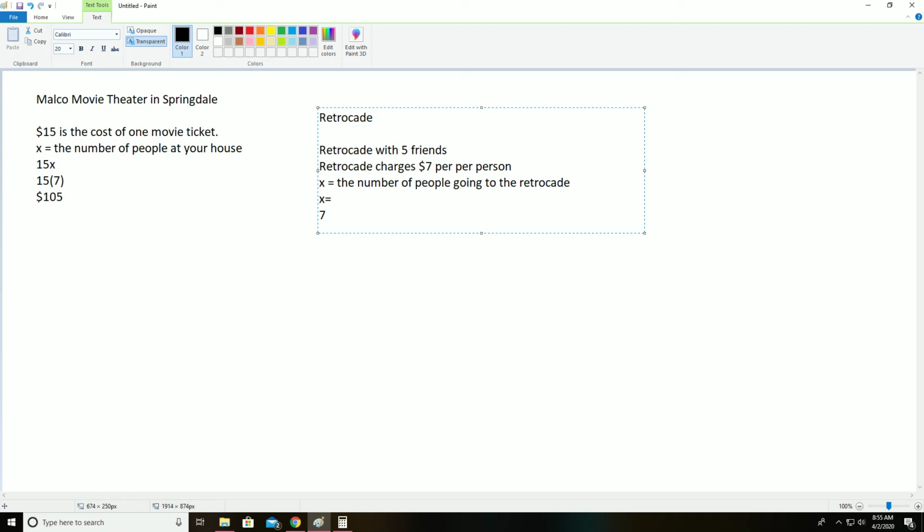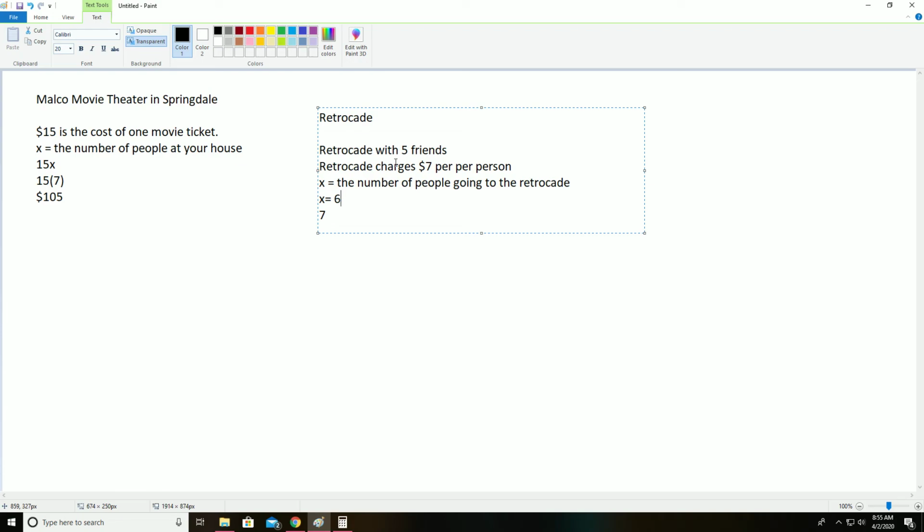I want you to pause the video and just think about it. How many people are going to be going to the Retrocade if there's 5 friends and you are going? So pause it and think about it for about 10 seconds and then start it up again. You're going to have 6 because there's 5 friends, 1, 2, 3, 4, 5, and then you.